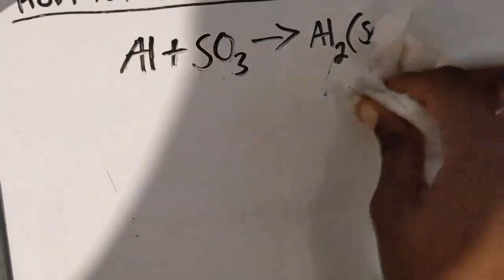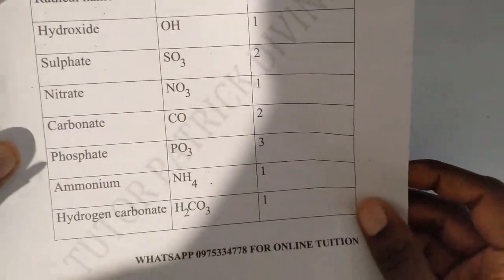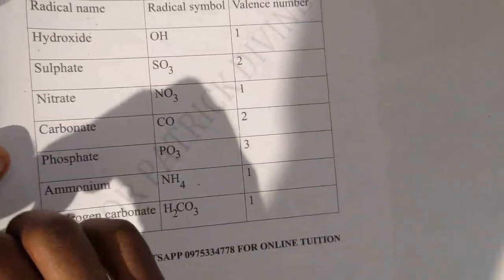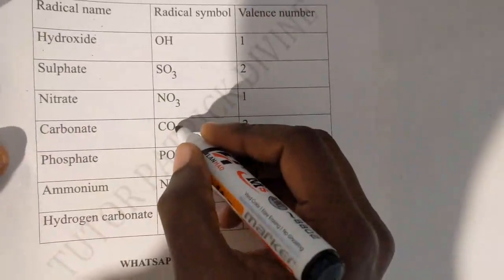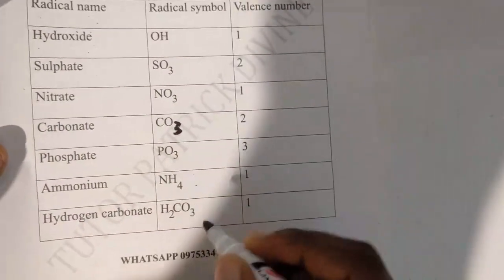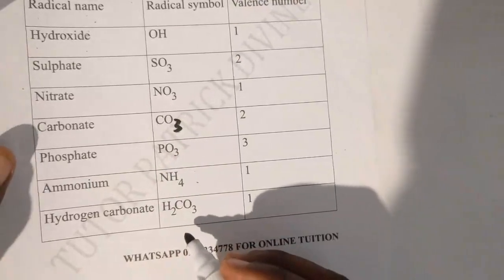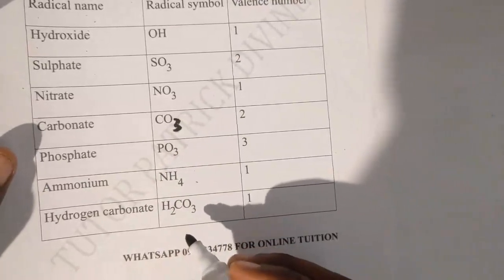Make sure that you understand this, because it all starts from the chemical formula. So you need to know how to make a chemical formula. Actually, this was supposed to be carbonate. Carbonate has CO3.